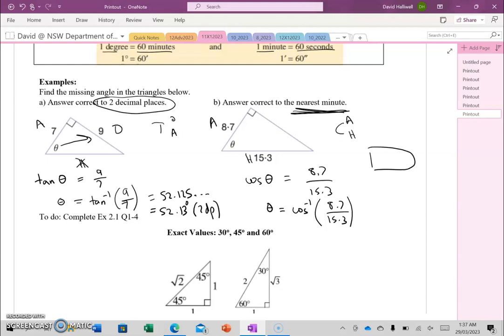Then you hit the DMS button and you'll get theta equals 55 degrees, 20 minutes, 43.55 seconds. And we want it to the nearest minute. So we look at the seconds here, 43.55, that's more than 30. Because that's more than 30, we need to round up. So that becomes 55 degrees, 21 minutes. And I'll put in brackets, nearest minute.